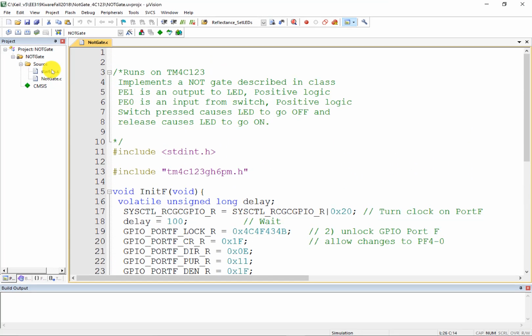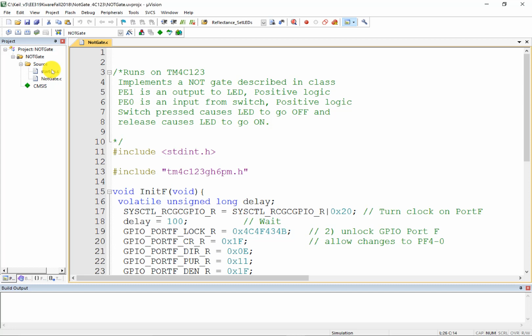At the very top are some comments, which a student called breadcrumbs. A year from now, I'm going to look at this code and wonder what it is for, and I'm going to read these comments and go, oh, it's a NOT gate. But what are my inputs?